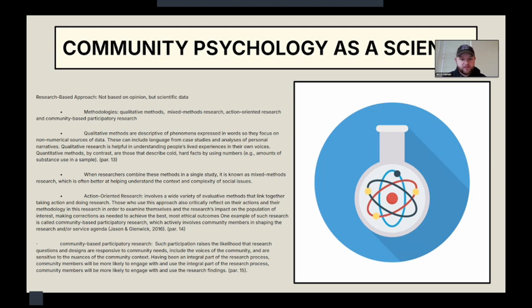One such research is called community-based participatory research, which actively involves community members in shaping the research or service agenda. The community itself participates in the research and implements the changes based on that research, such as using the findings and that kind of thing.